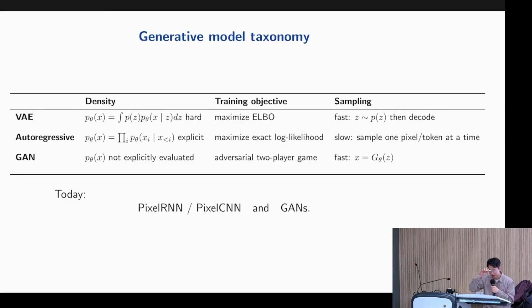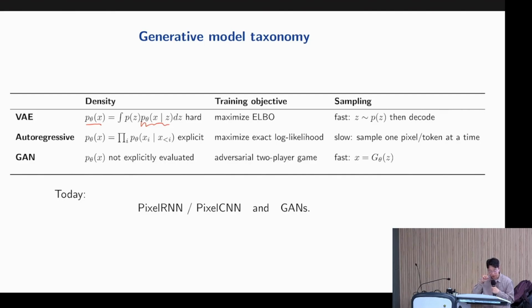So here's a one page summary contrasting these three different generative models. In VAEs, under our model, this data likelihood was intractable because it involved an integral over all possible combinations of the latent variable Z. And this guy had nonlinearities.